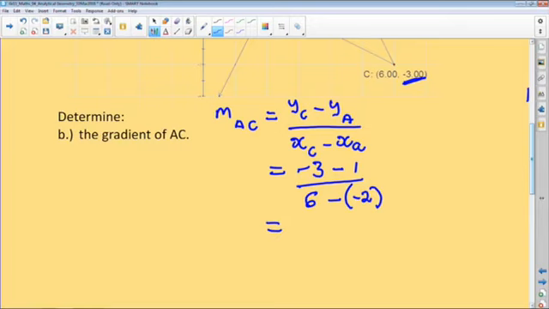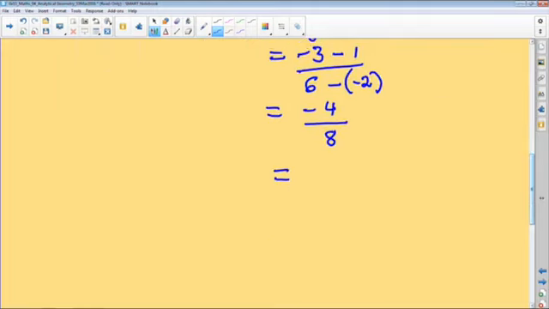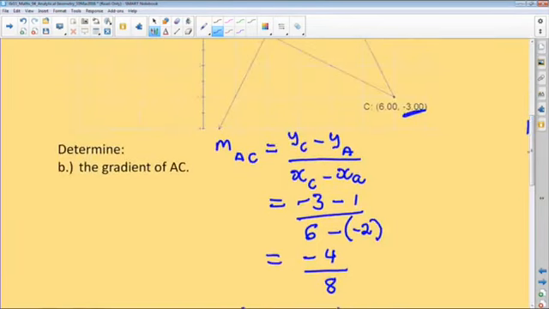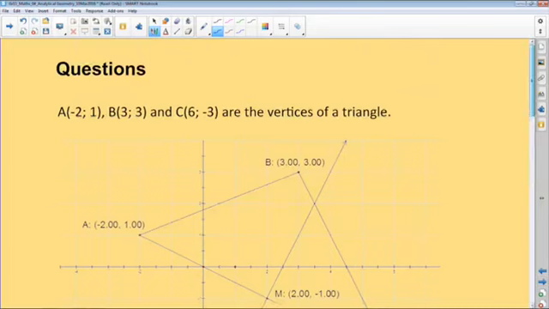So you've got minus 3 minus 1, which is minus 4, divided by 6 minus minus 2, that's 8, which is negative half. So the gradient of AC is negative half. So we've answered that question. I hope you guys are still fine, right?